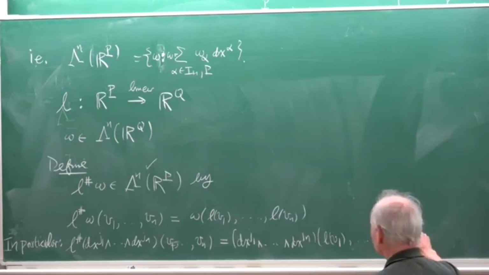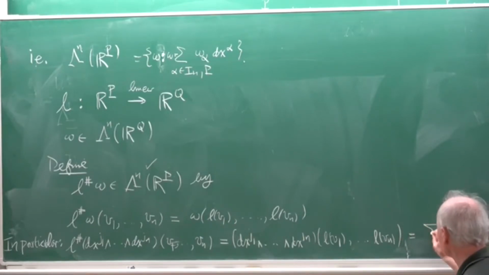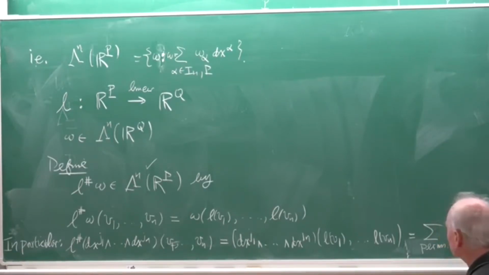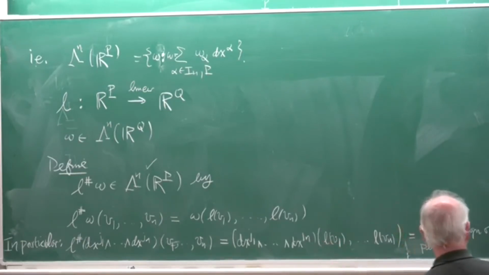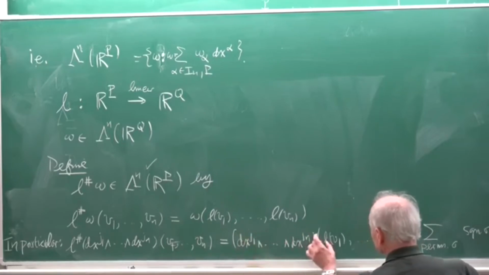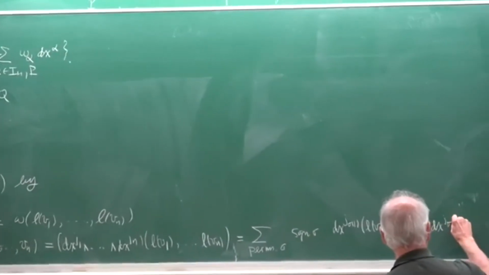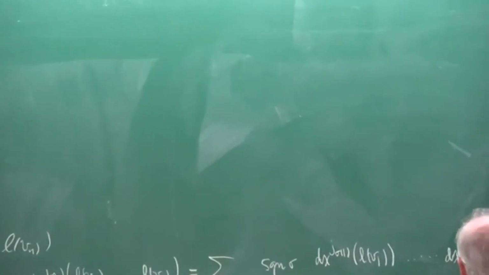But remember, we've got the expression for this. We know the definition of this: sum over permutations sigma, sine of sigma, and then you've got to take dxj sigma 1 hitting Lv1, this gets a bit complicated, times, etc., up to dxj sigma n hitting Lvn.